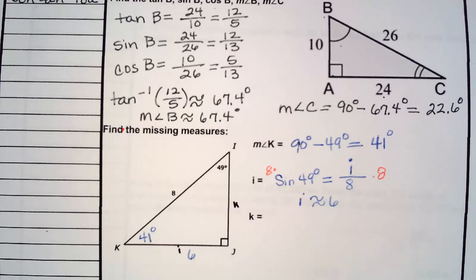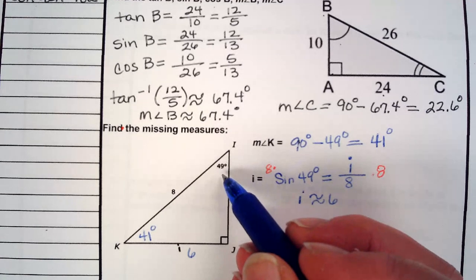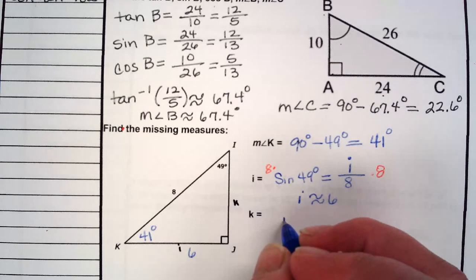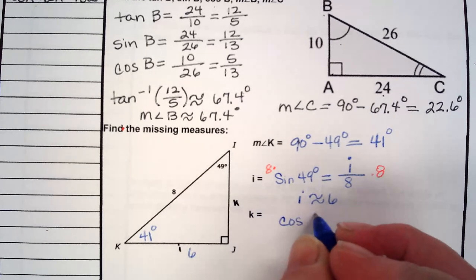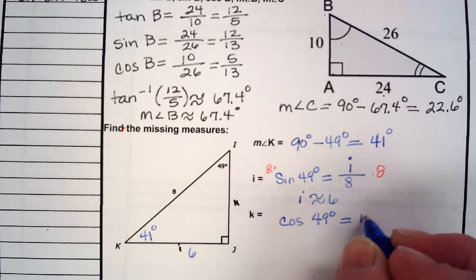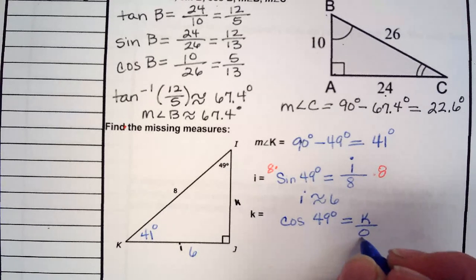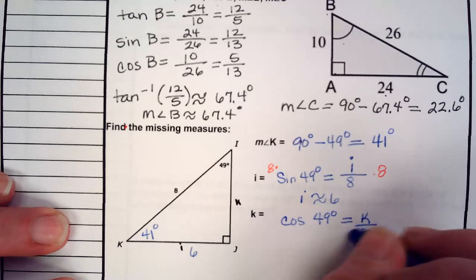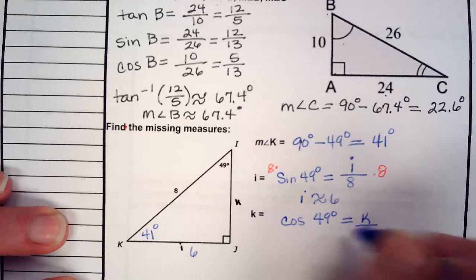I think I'm actually going to use 49 again, and I'm going to use the cosine of 49 degrees. And that will equal K divided by 8. The reason I'm using the same angle is to show you the flow of this.